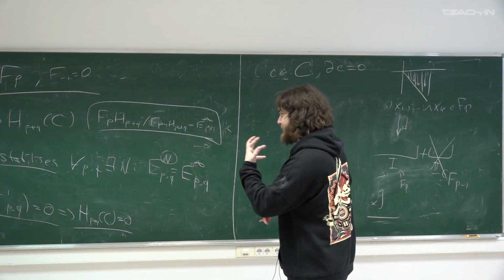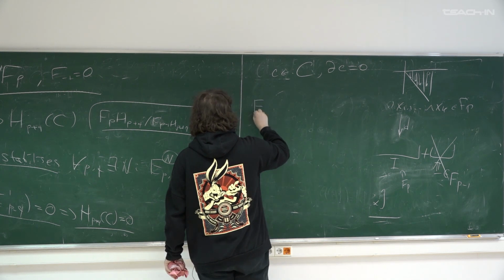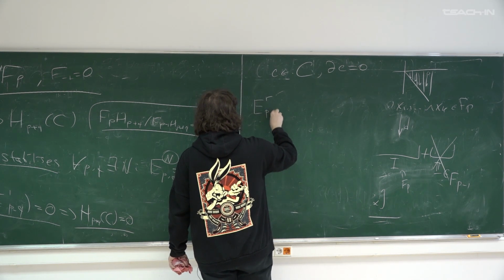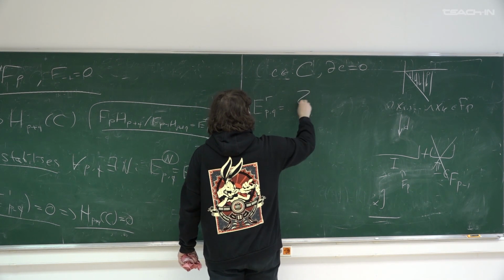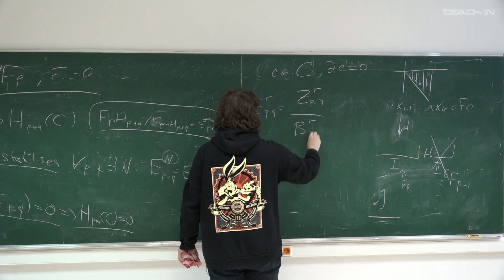By definition, we need to just remember the construction of the spectral sequence. From the construction of the spectral sequence, we have R_PQ, we have R-cycles and R-boundaries.